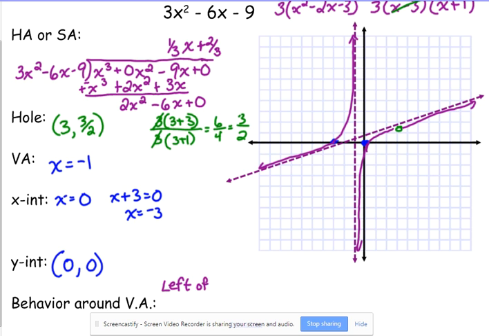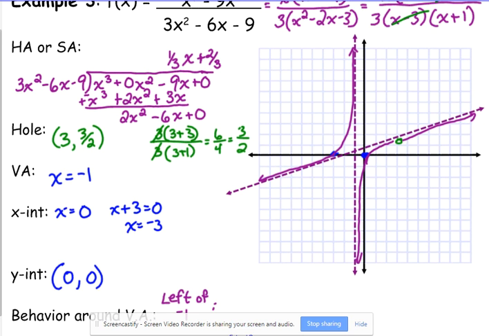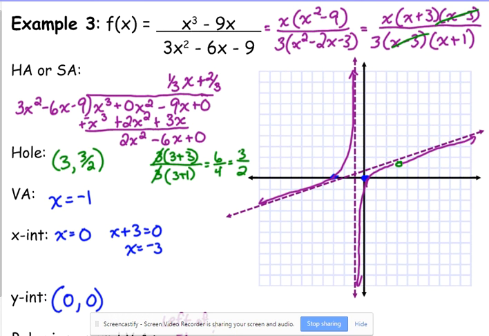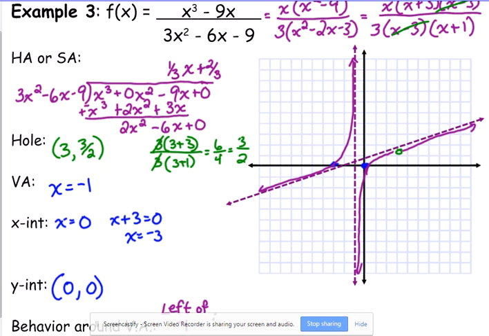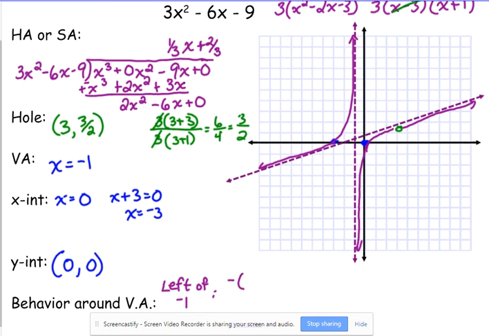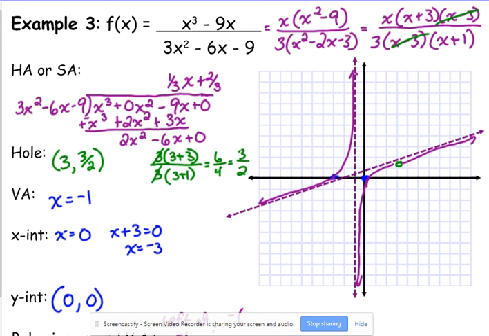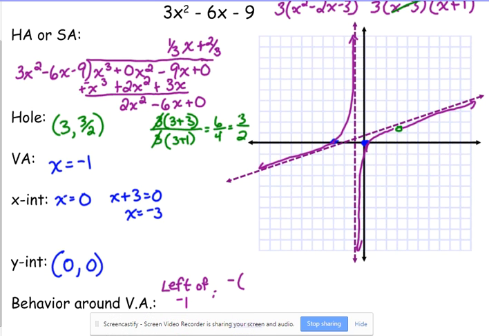So left of -1. Let's pick a number to the left of -1, like -1.5. So the numerator, we've got x, so we know that's negative. Okay, what do we get when we do -1.5 plus 3? Positive or negative? Positive.